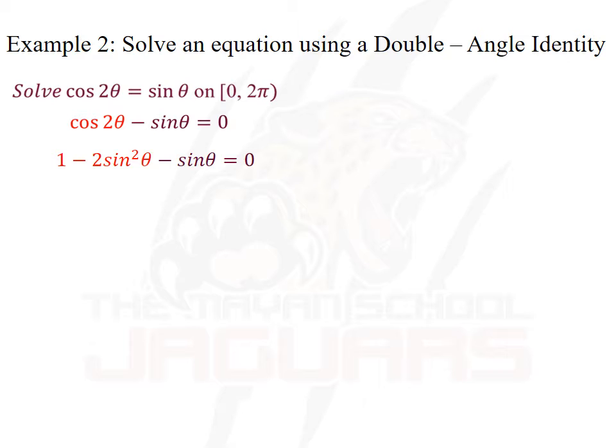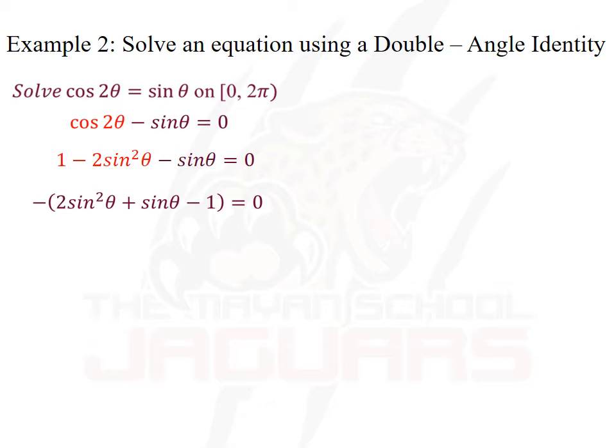We need to arrange it, and I notice that I can factor the negative sign out of negative 2 sine square of theta. So it becomes negative, and I switch all the signs. It would be negative parenthesis 2 sine square of theta, the minus sine theta becomes plus sine of theta, and the 1 becomes minus 1 equals 0.